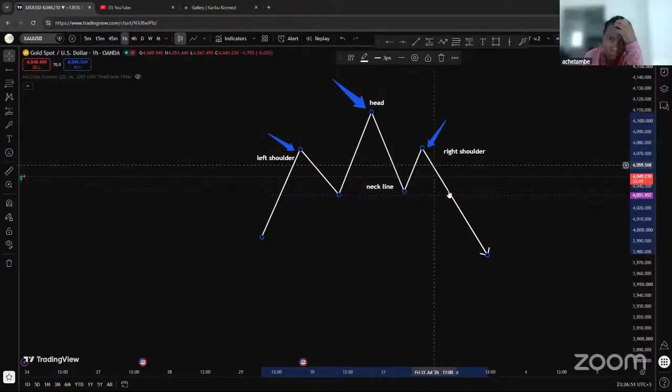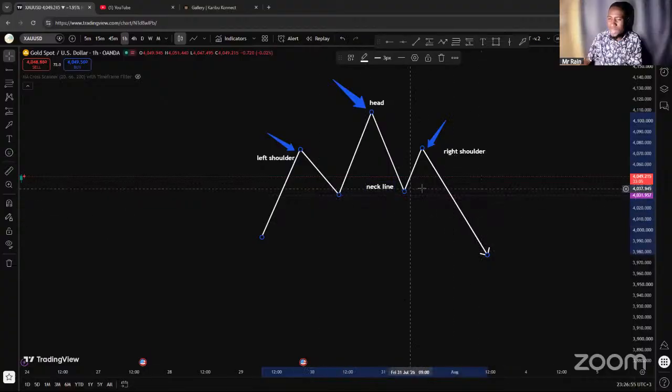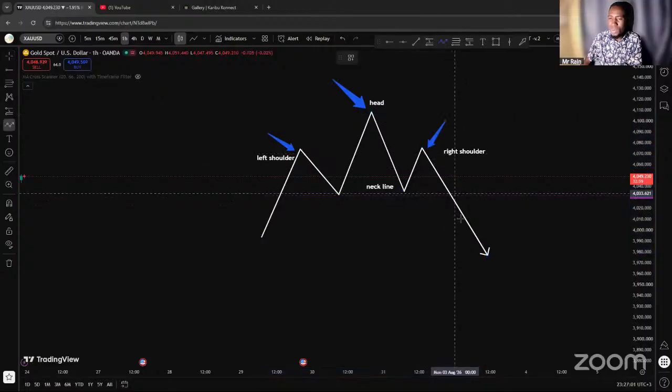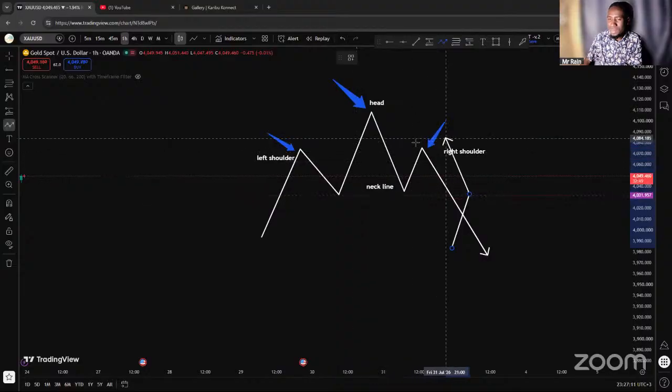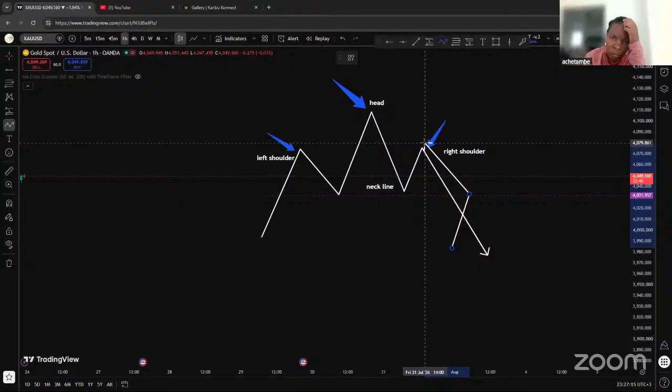And now it creates another pullback, which breaks the neckline below. When you want to trade this pattern, you wait for this break, and then you enter at the neckline, but your stop loss must be above the shoulders, to avoid being liquidated.